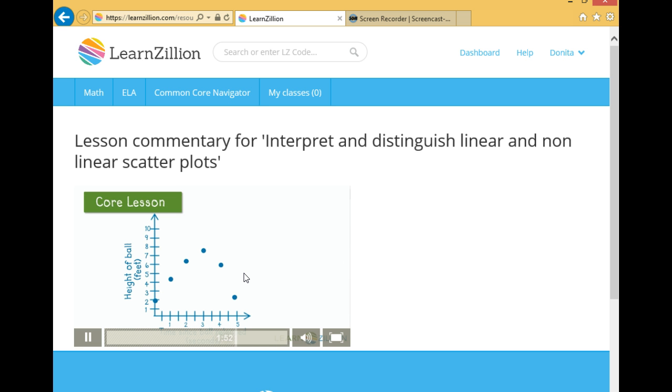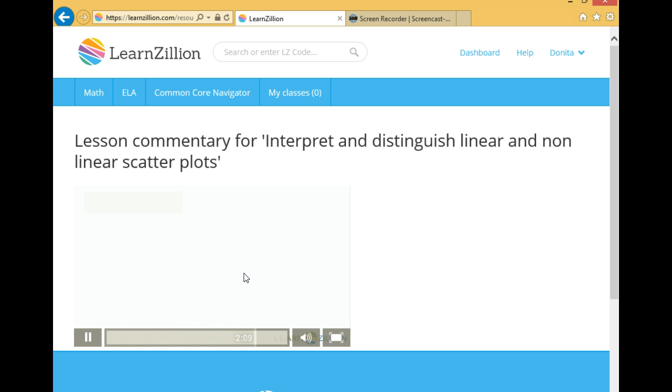Because the students have not seen as many nonlinear, I wanted to throw another example of a nonlinear graph in, where we're looking at the height of a ball over time, and it forms a curve, which is once again nonlinear. So, in simple terms, we just want to let the students know that if it forms a line, it's linear.